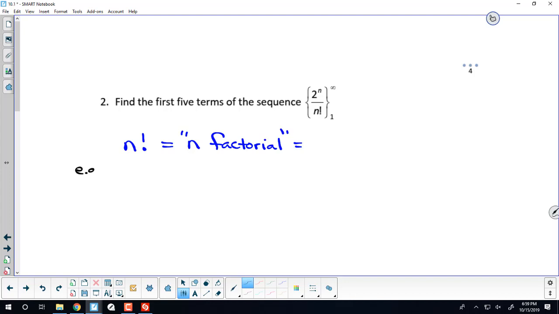For example, if I write 5 factorial, what I mean is 5 times 4 times 3 times 2 times 1. So it's like a shorthand for this discrete product, if you will. 3 factorial is 3 times 2 times 1.